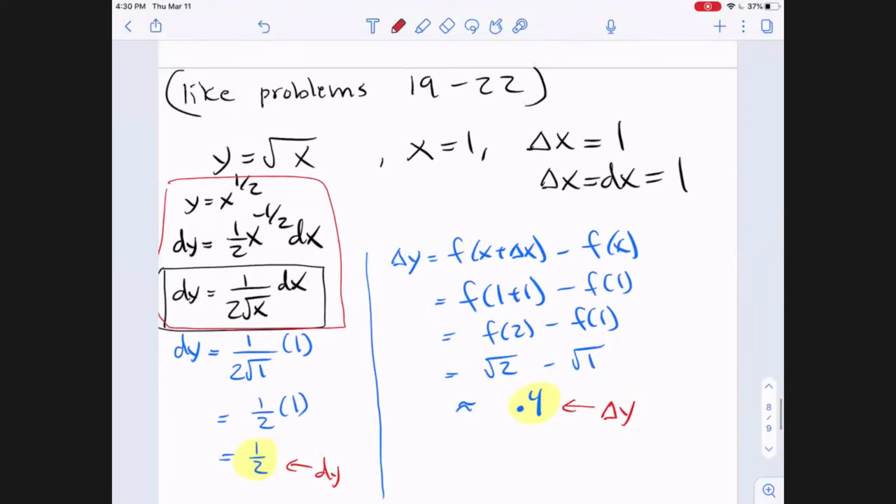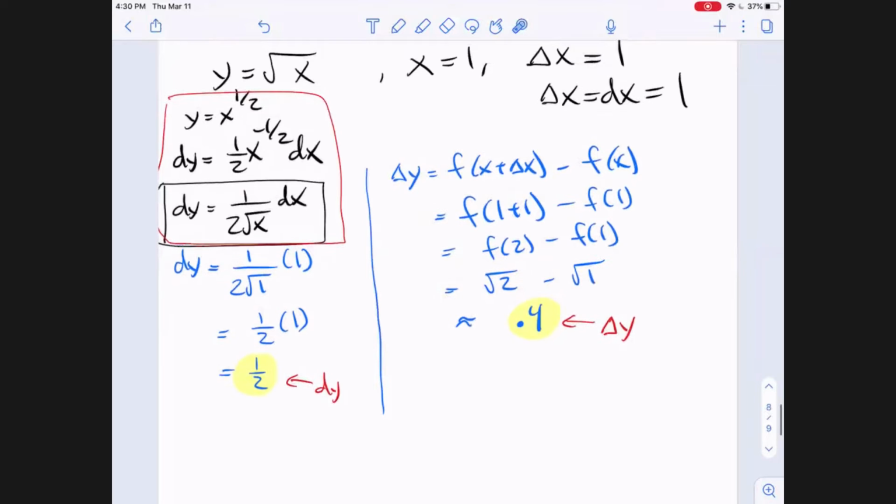The black above is all given to you. This is what I worked out, so I should have put it in blue. Anyway, go ahead and write all this down. Then I'm going to show you what that 1/2 means on the graph, what that 0.4 means on the graph, and what the dx being 1 is.